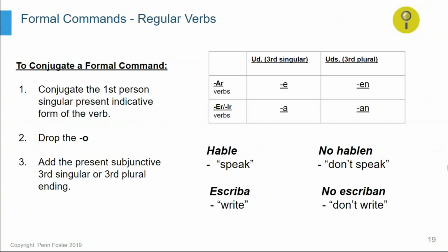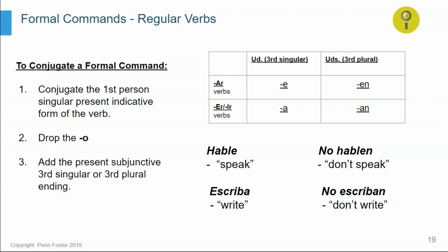And our last topic for today's webinar talks about formal commands and how to form them. A formal command is used to tell someone you don't know, or a group of people, to do or not do something. To form them, whether they are positive or negative, you're going to follow the 3 steps shown on the left.